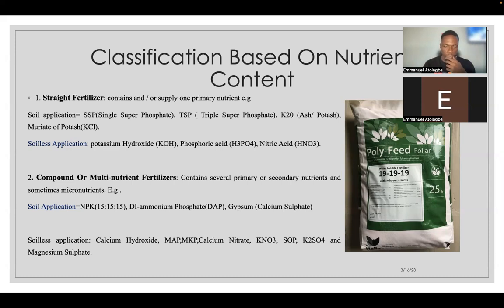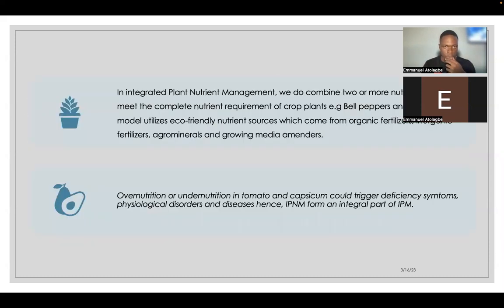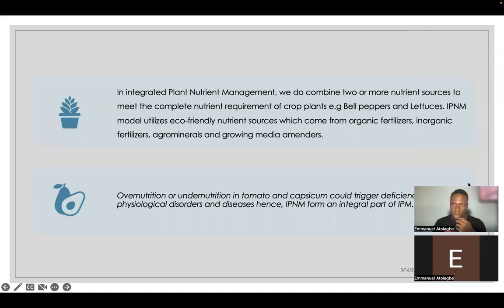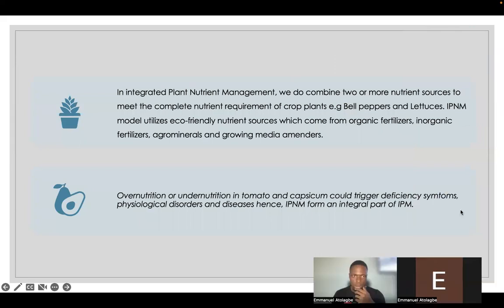So to move on from this slide, this slide is just there to give us a heads up on some things to take note of when doing fertigation. In integrated plant nutrition, you have your straight fertilizer, you have your multi-nutrient fertilizer.